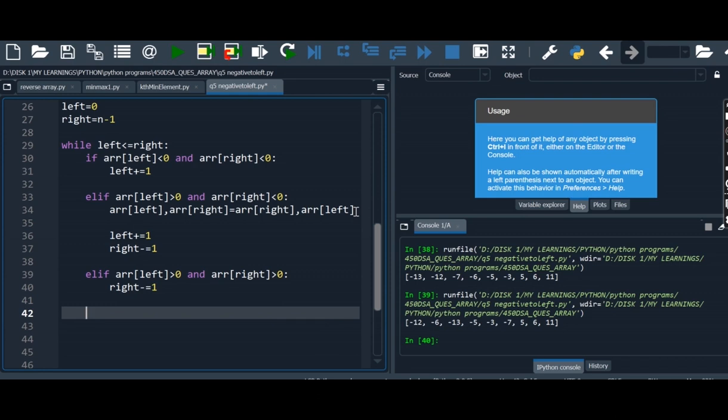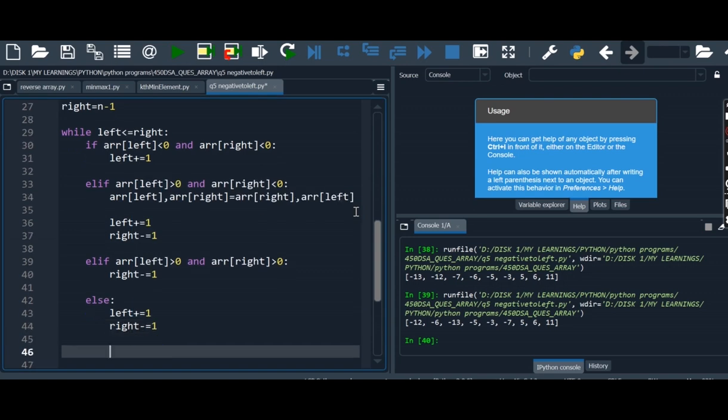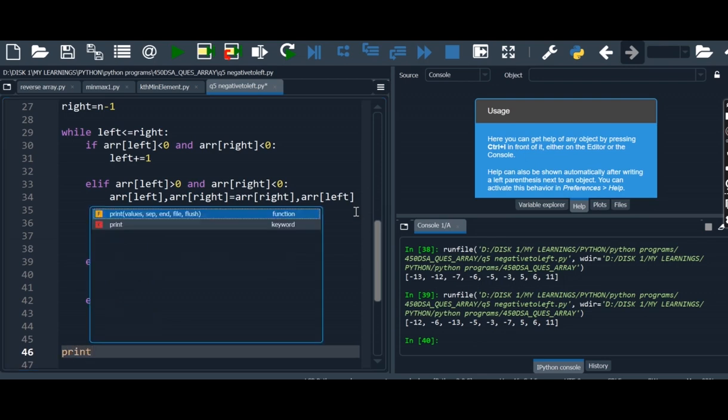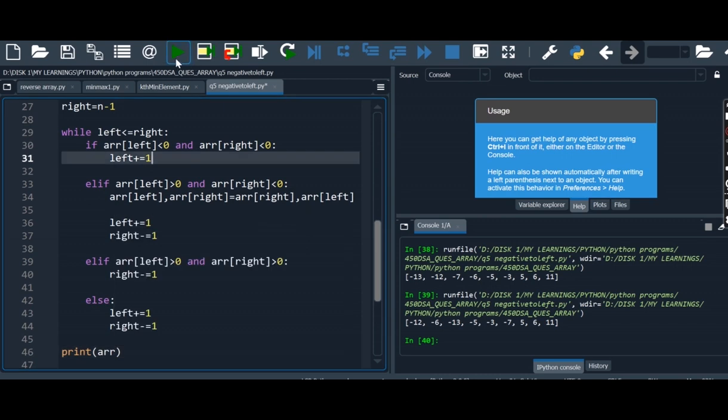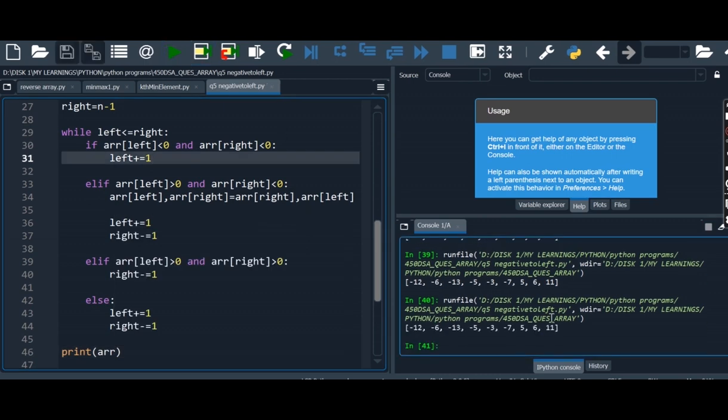And if none of these is the case, we will just increment the left index and decrement the right index by 1. Now just print the array, save, and try to run. See, we are getting the desired array.